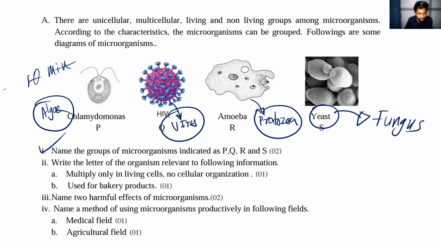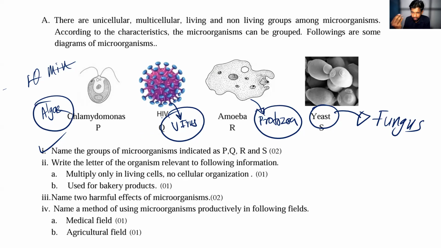And next one. Here, multiply only in the living cell and no cellular organization. That is an important character of the virus. You know, the virus is considered as a living organism and also a non-living organism, because it shows some of the living characters and also it doesn't show the living characters.